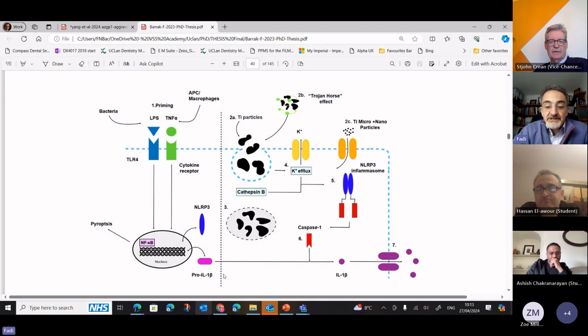Through inflammatory processes, it could be foreign bodies or it could be other inflammatory processes, another group of proteins called inflammasome, NLRP3 is part of this inflammasome, gets activated. And this activation results in an enzyme activation called caspase-1, which takes the pro state of your cytokines to the active state of the cytokines.